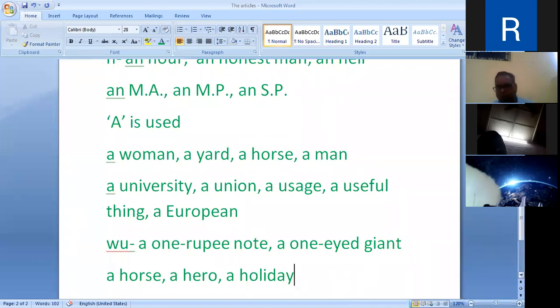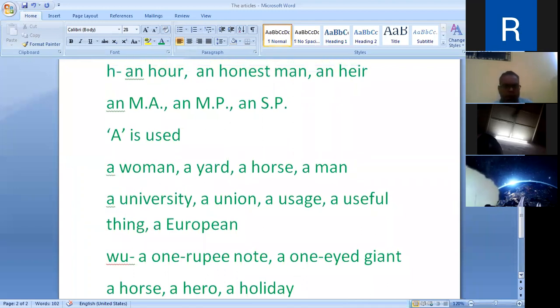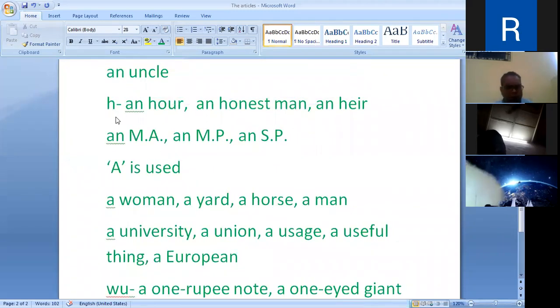Now let's come to the point here. You will see this word also begins with H, but here its sound is not like H, it's an O sound, and that's why AN is used. Here you will say honest, though this word begins with H, its sound is not H, its sound is O, and that's why AN is used.